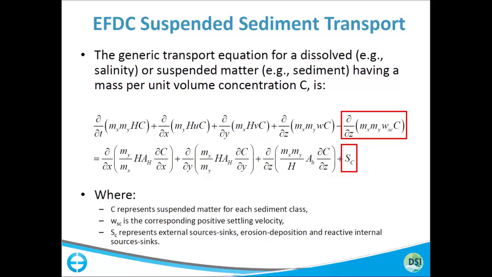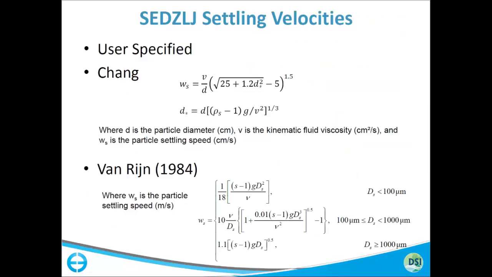So options here are the user-specified velocities, or EFDC Explorer, as well as EFDC, will allow you to just assign velocities based on the grain size and the grain density of your particle. The density, actually, that equation should be divided by water.